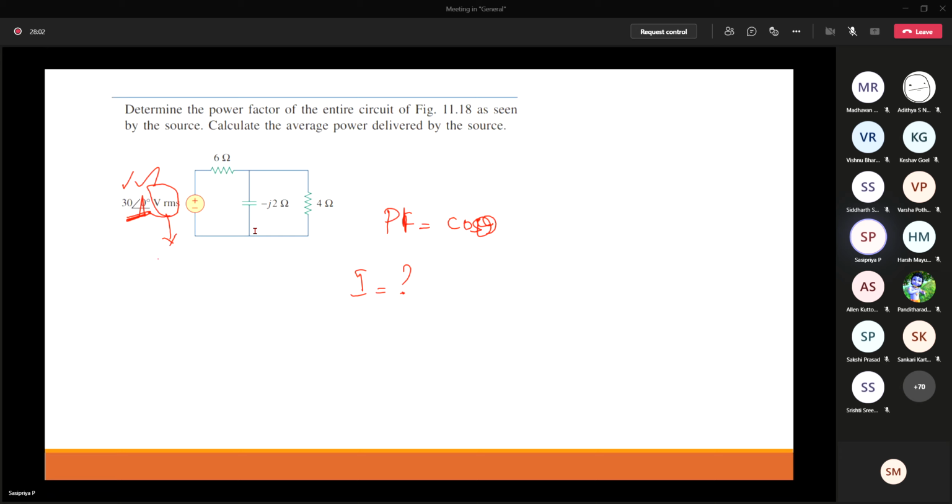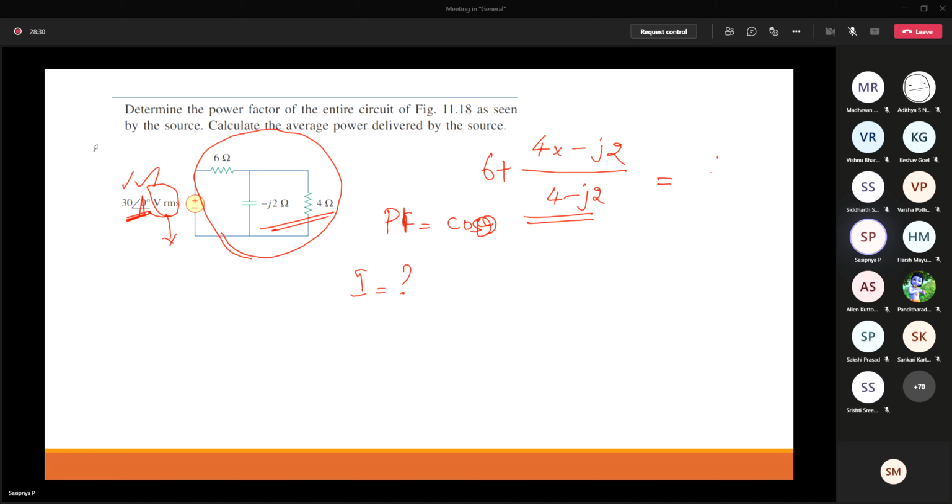So here, power factor is cos theta, and the current can be found just by reducing this network. How do we reduce this network? For this parallel combination, you can take it as 4 into minus J2 divided by 4 minus J2, plus 6. Now you reduce this using complex number solving.